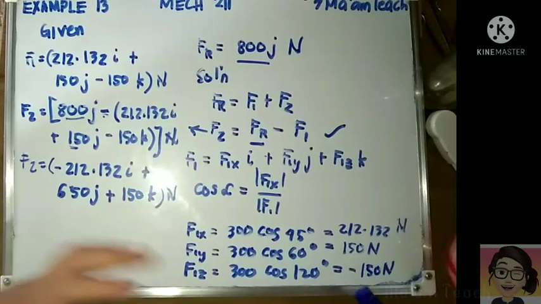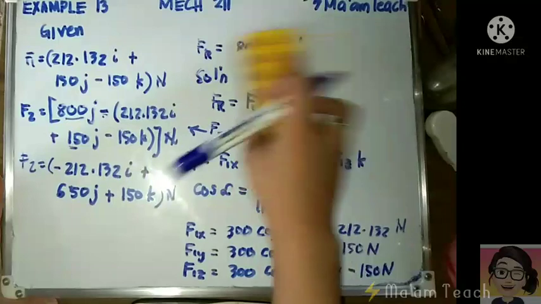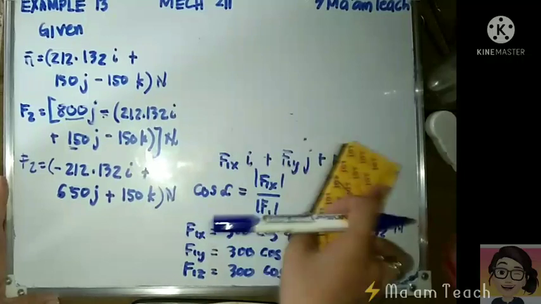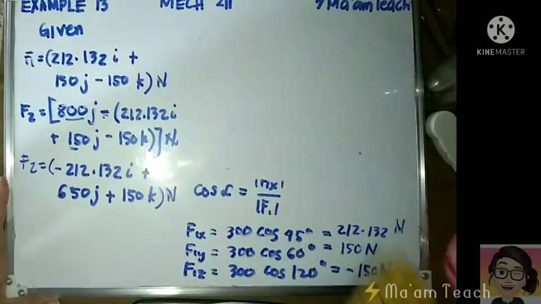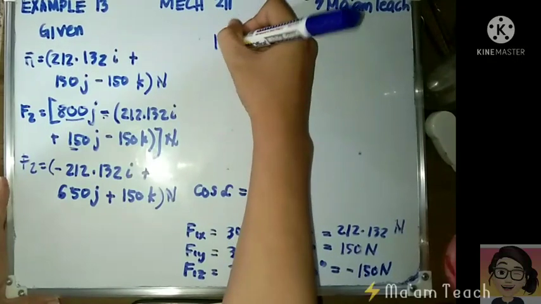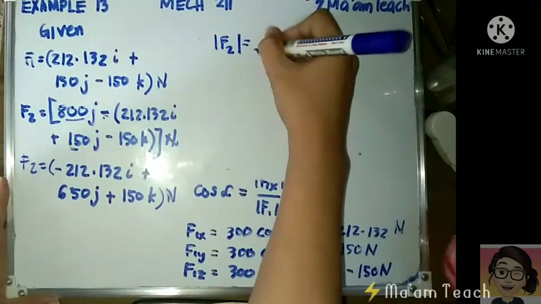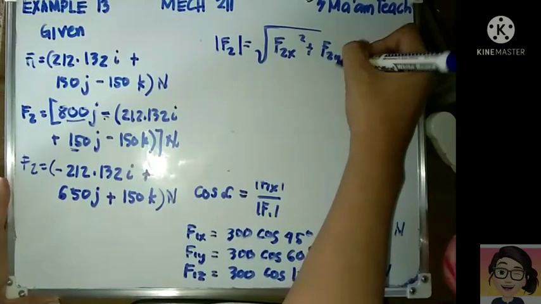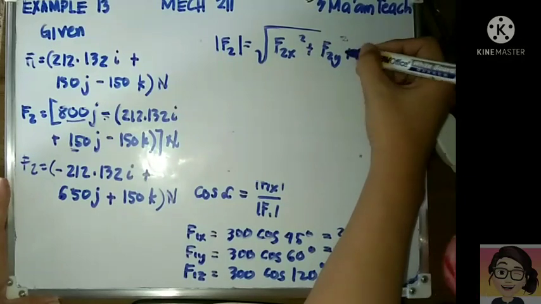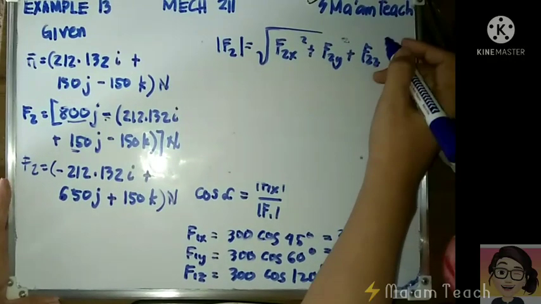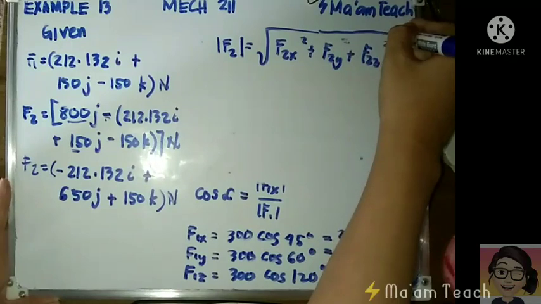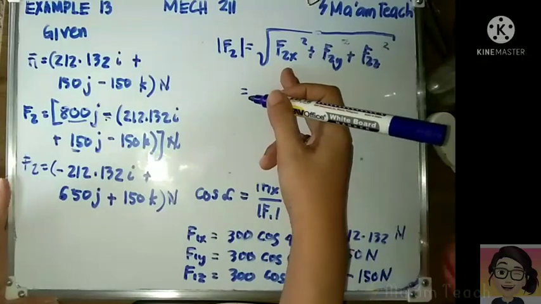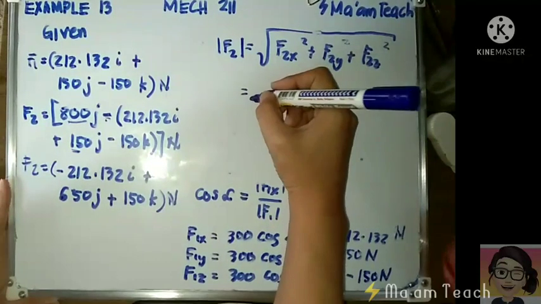So, solving for the magnitude, the magnitude is F sub 2 equals square root of the x component squared, y component squared, and z component squared. There. Okay?